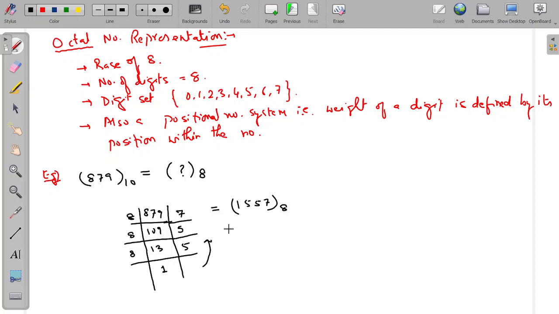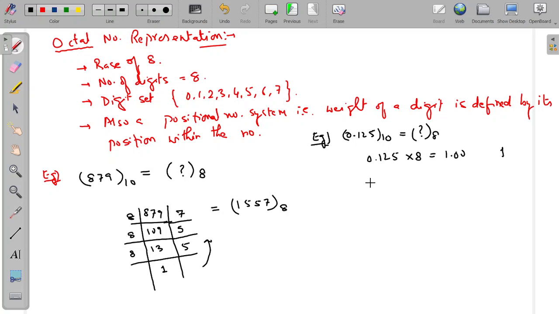Okay, similarly we can do the conversion for the fractional part. Let's take one example for this also. 0.125 in decimal is what in octal? So 0.125 times 8 would result in 1.00.